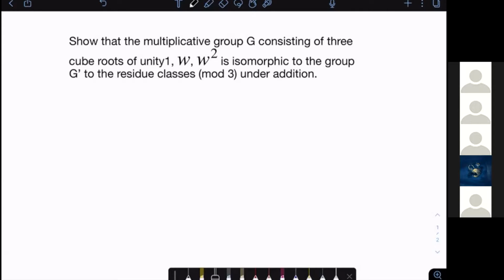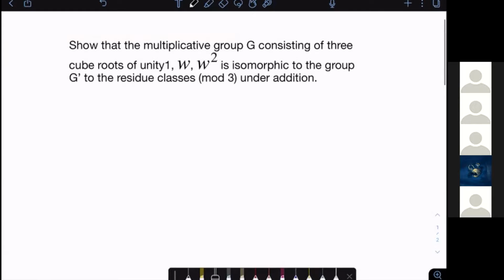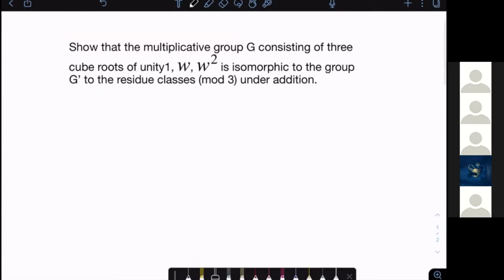For the group G, we can write a Cayley table like this.